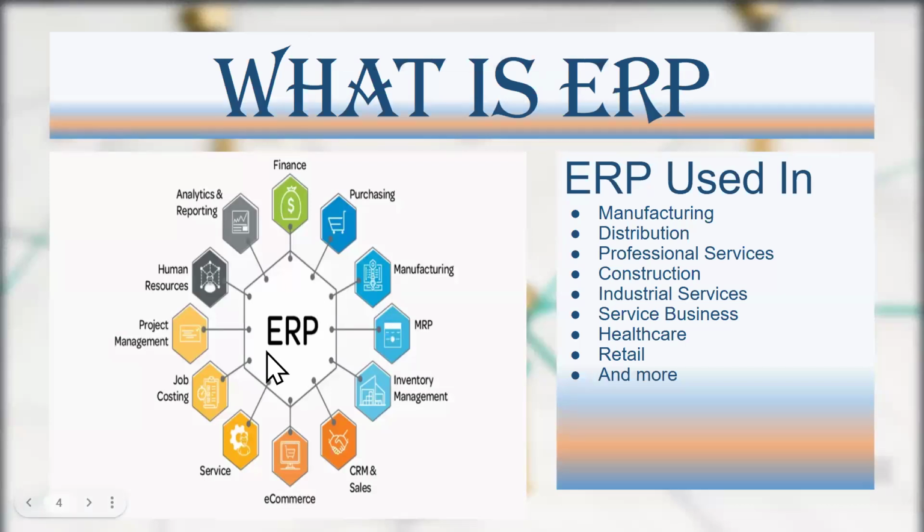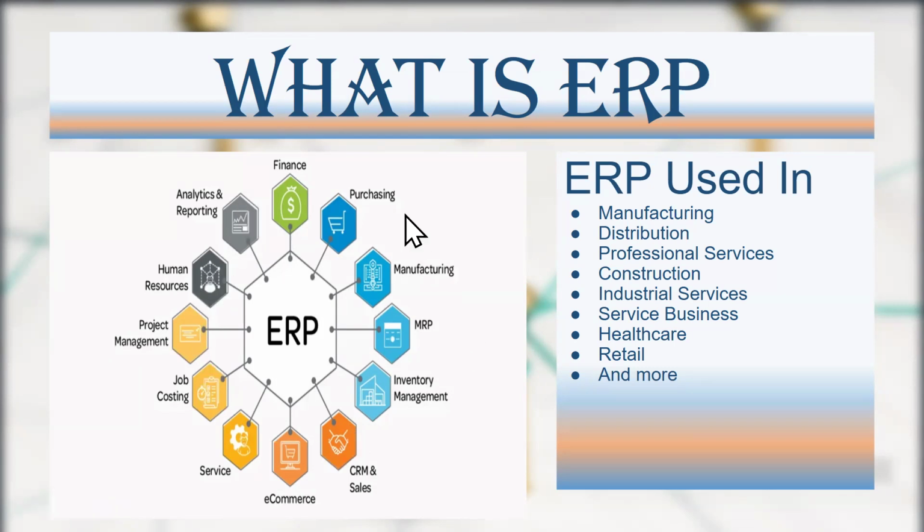So this ERP will store all the modules' information in one single enterprise ERP system: finance, purchasing, manufacturing, MRP, inventory management, CRM (customer relationship management), sales, e-commerce, job costing, project management, human resources, and analytics and reporting.